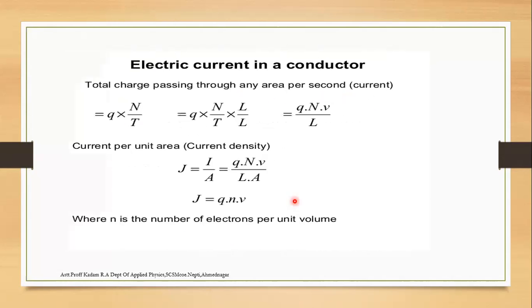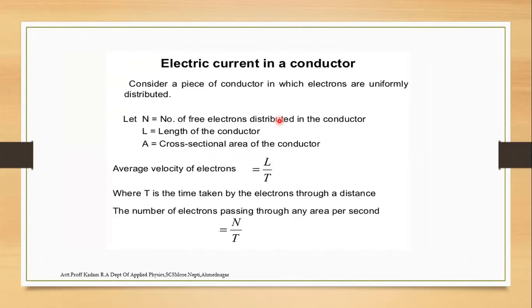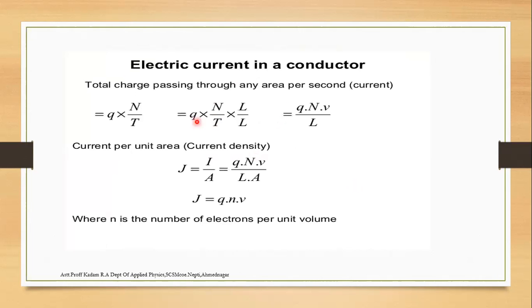So q n divided by t, multiplied by L divided by L, where L is the length of the uniform conductor. Solving the equation, we get q multiplied by n into v, the drift velocity, divided by L.